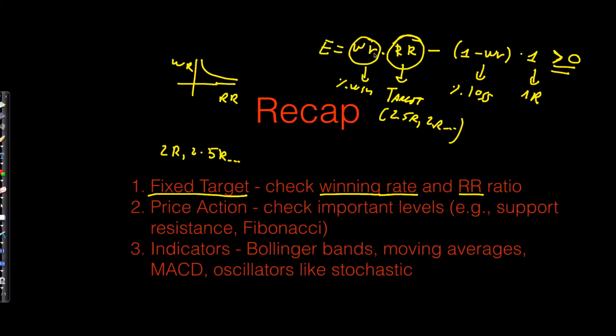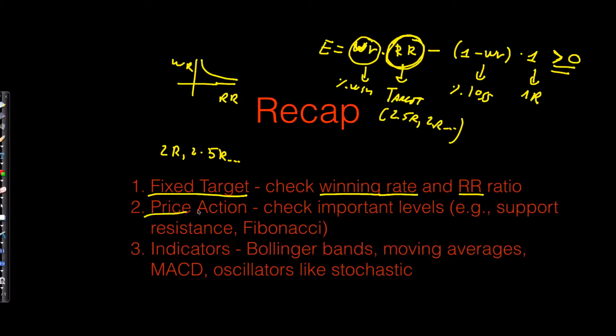Actually, if you know coding and optimization, you can do it automatically. That's what I did. In my case, I have a code that will tell me exactly what the winning rate is, given a minimum winning percentage that I impose, in order to maximize the expected value. But this is another story.